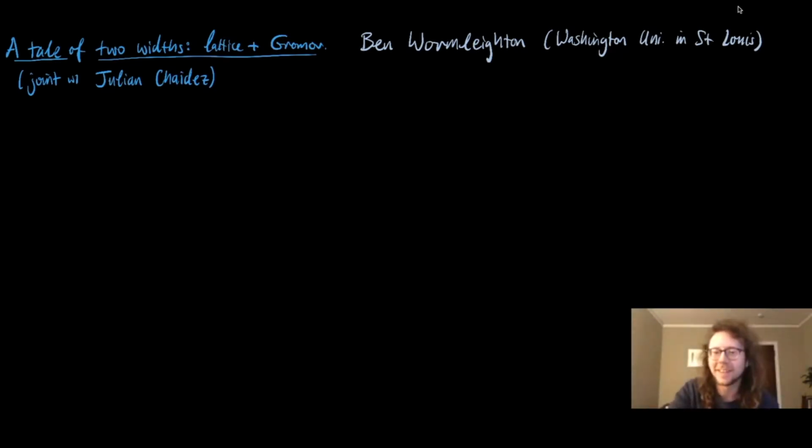It's good to see some people who I haven't seen for a while, especially in person. A lot of what I'm going to talk about is joint with Julian Chaidez. He's a symplectic geometer.